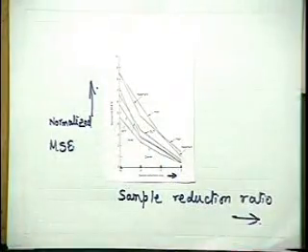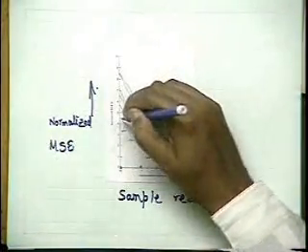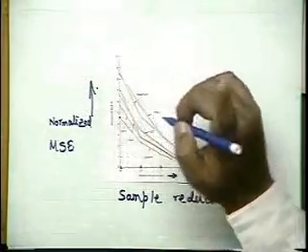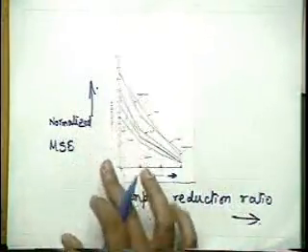And just see, if you are retaining only one sample out of 16, this normalized mean square error which we are indicating here is the mean square error in the final reconstructed image. That means the mean square error between the original image and the reconstructed image.